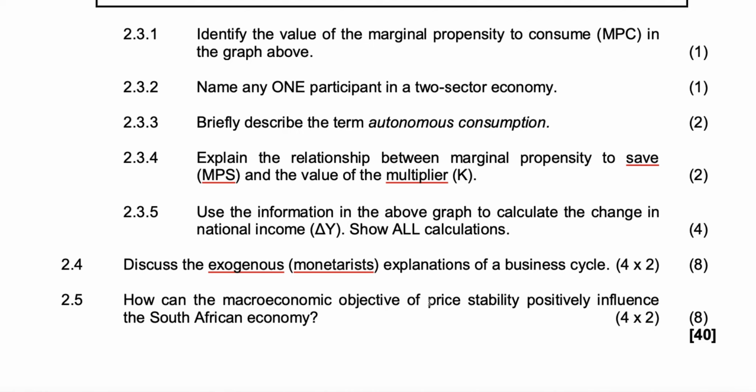You should listen. Right, how can the macroeconomic objective of price stability positively influence the South African economy? Well, do you think prices should be stable? Yes, they should be stable. What happens if prices are stable? A lot of good things. It's easy to predict the economy.